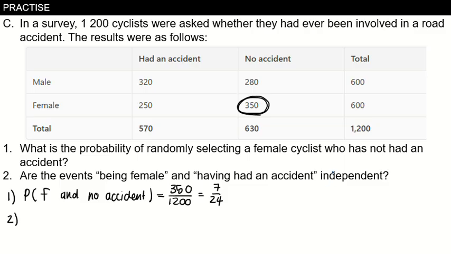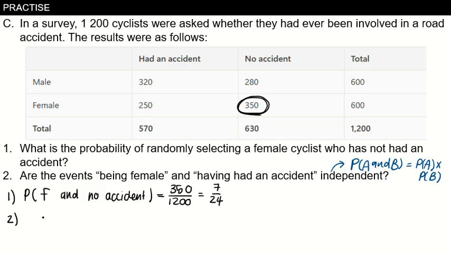What we know about independent events is the probability of A and B is the probability of A times the probability of B. In this case, we need to prove that the probability of A and B is the probability of A times the probability of B. So we cannot just assume it, we need to prove it.